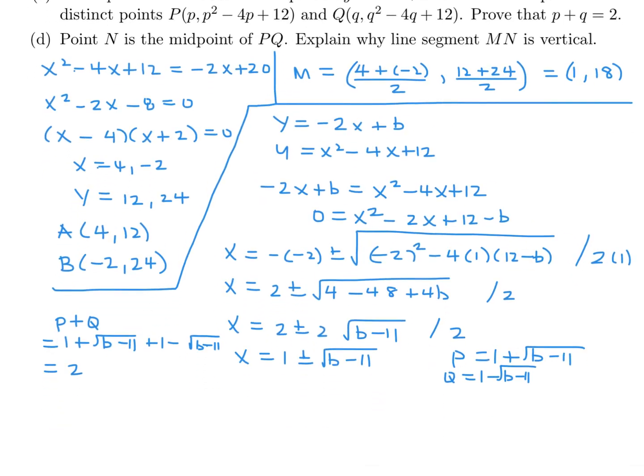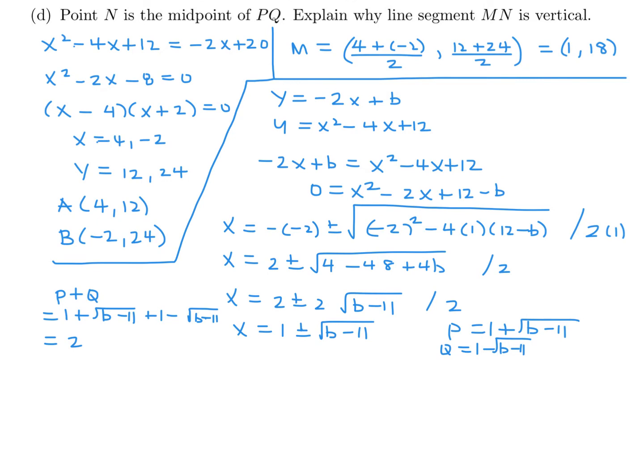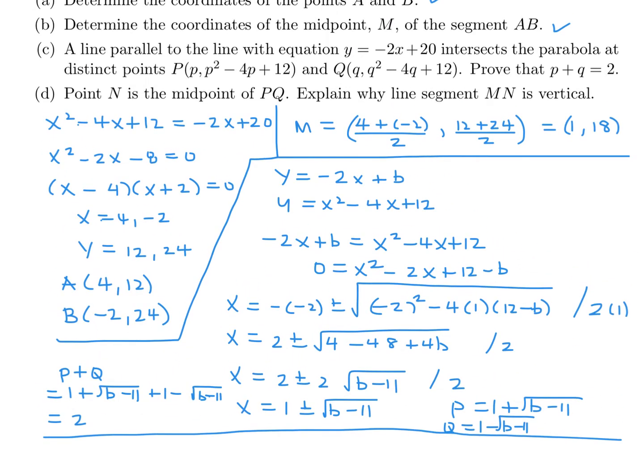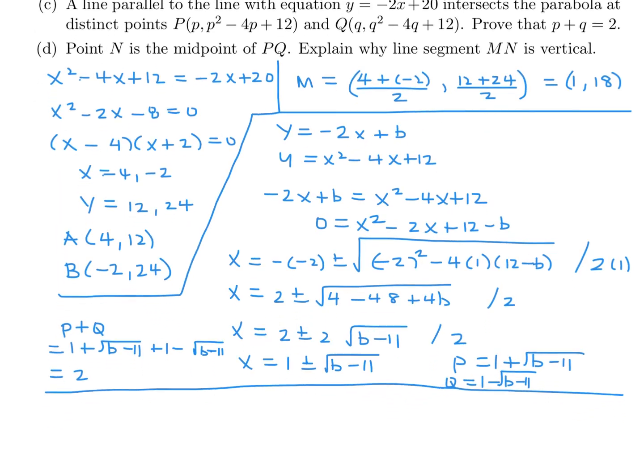And then finally, prove point N is the midpoint of PQ. Explain why line segment MN is vertical. Okay, so I think I have enough space to squeeze it in here. So N is the midpoint of PQ. All right, so what is P and Q? Oh, it's up here. Okay, I got it.